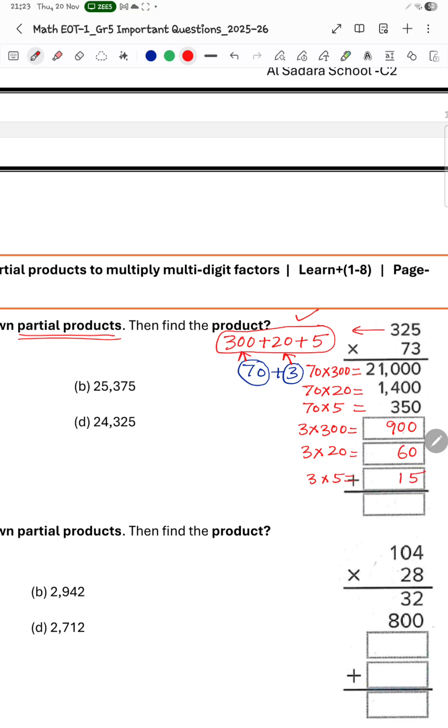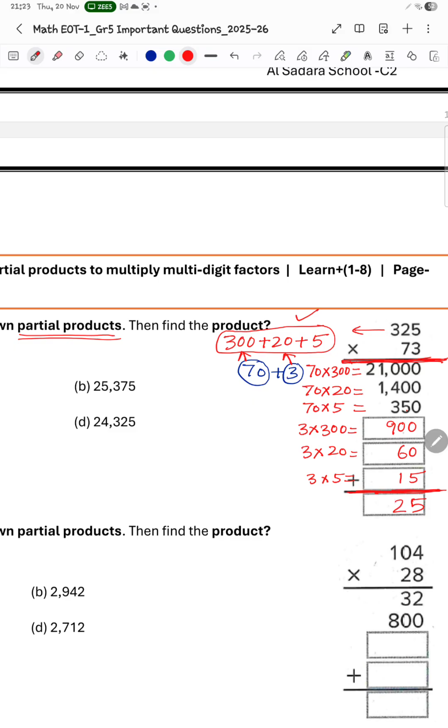Now add the numbers from here until here. Okay, you will get your answer. So 0, 0, 0, and here it will be 5. Then 5 plus 6, 11, plus 1, 12.